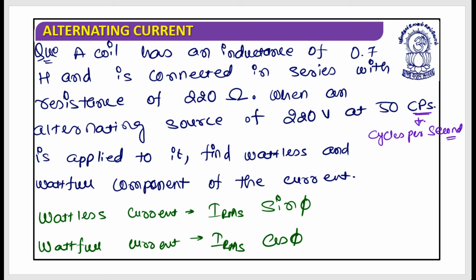Are you clear with this? When they say wattless, that means I RMS sin phi, and when they say wattful, it's I RMS cos phi. So this is what we require.